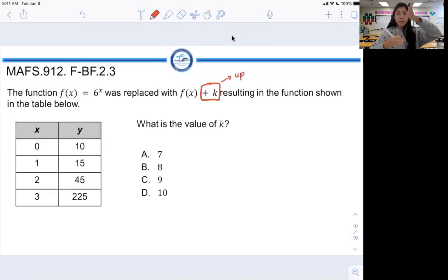If we're comparing vertical up and down, should I be comparing the y-intercept or the x-intercept? Good, we're going to compare the y-intercepts. Okay, let's do it. What is the y-intercept of the table?